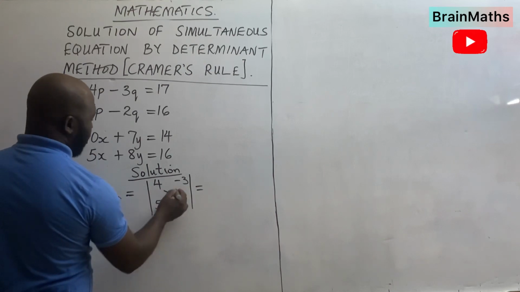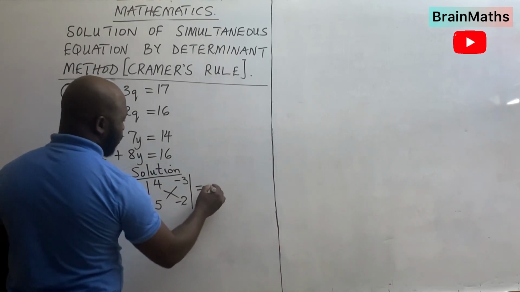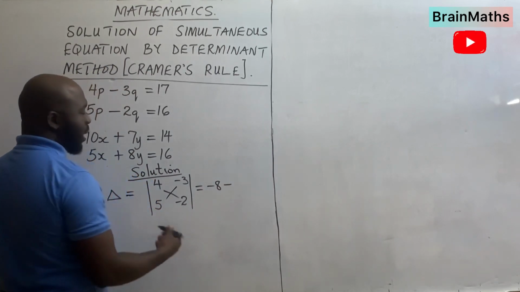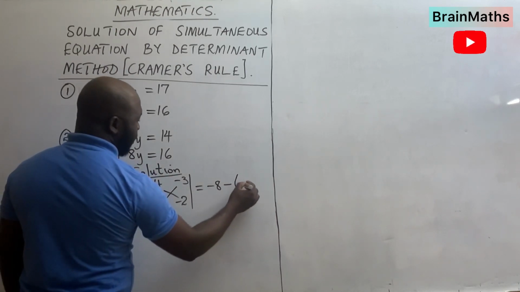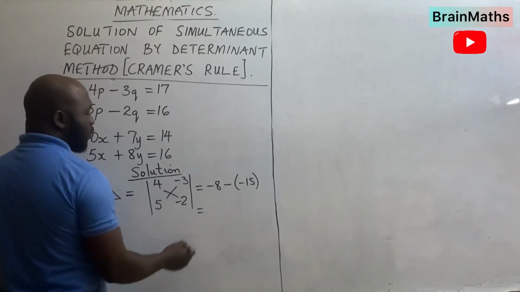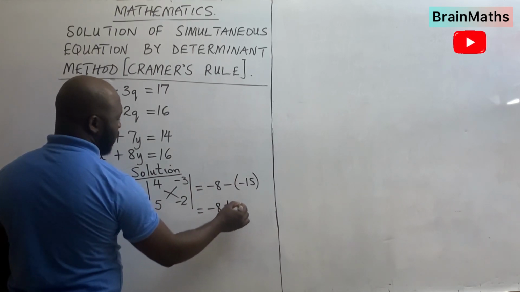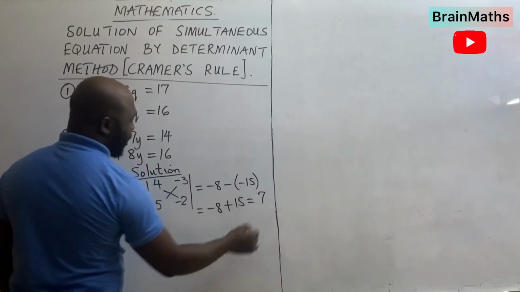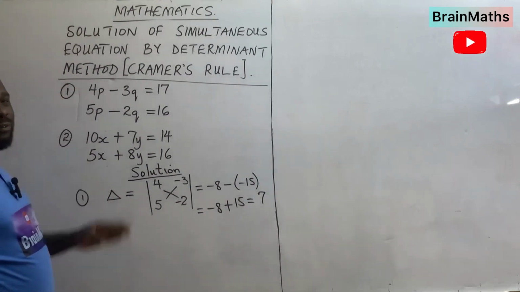If you solve this diagonally as usual, we have 4 times minus 2, that is going to give us minus 8, minus, since we are getting the determinants, 5 times minus 3, that is going to give us minus 15. So if you solve this out, you have minus 8, minus times minus, plus 15, and that is equal to 7. So we have gotten the determinant of the left hand side.